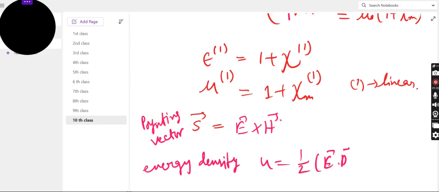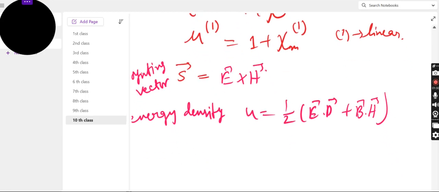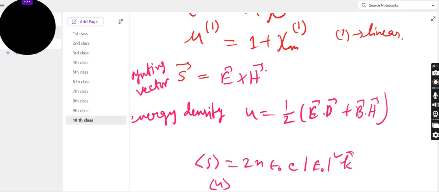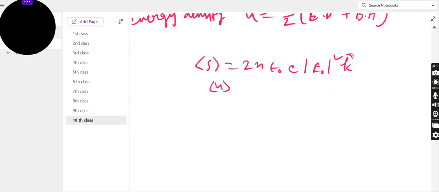Del cross, del dot D and del dot H. And when we take the expectation value, we get one half epsilon naught C E naught square.